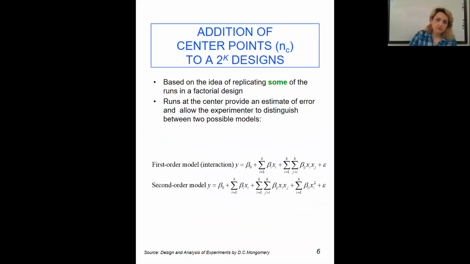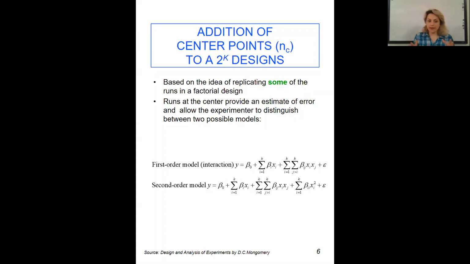Okay. We talked about center points a little. So now let's go to the main reason that we are adding these center points. So far we said that we are adding center points to find out the pure error from our runs, based on the idea of replicating some of the runs in the factorial design.